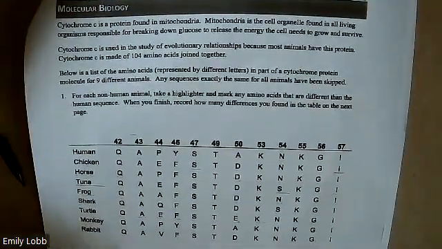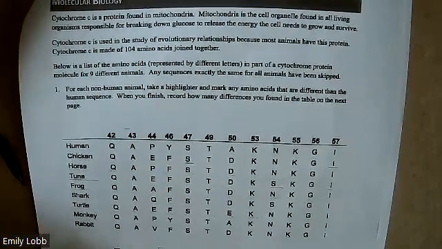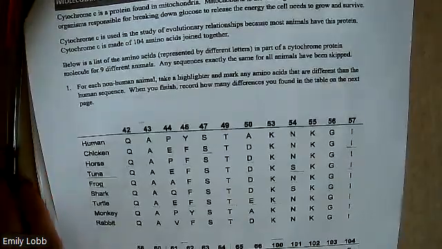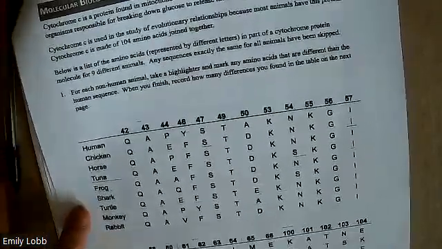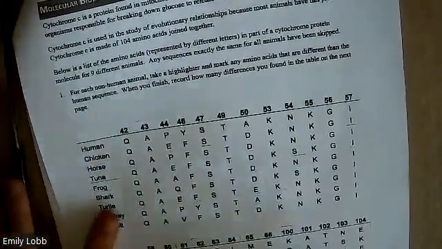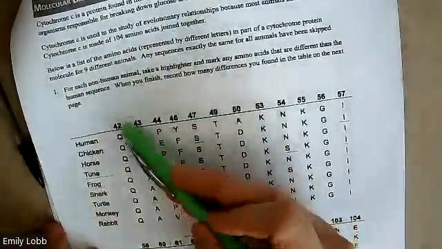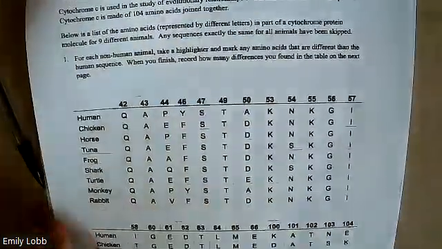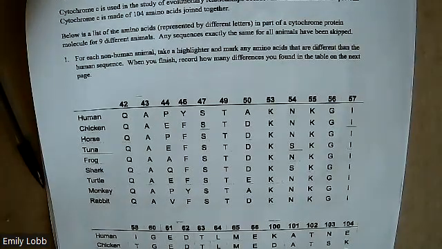Take a highlighter and mark any amino acids that are different than the human sequence. When you finish, record how many differences you found in the table on the next page. Are you ready? You got your highlighters? All right. We're looking at 42. Those all look the same. 43, those all look the same.